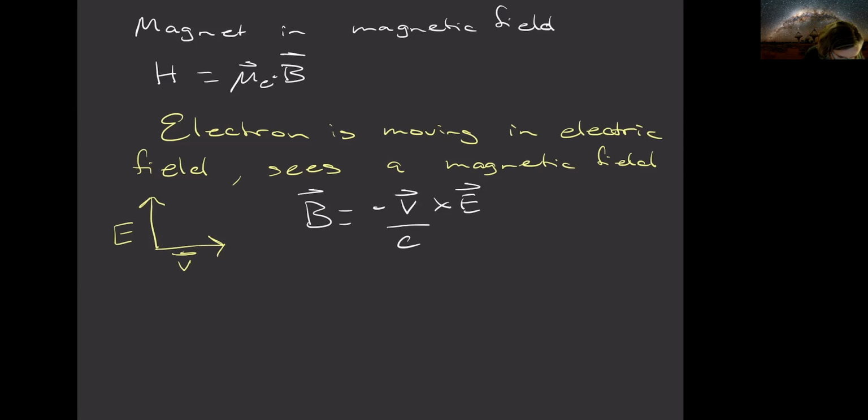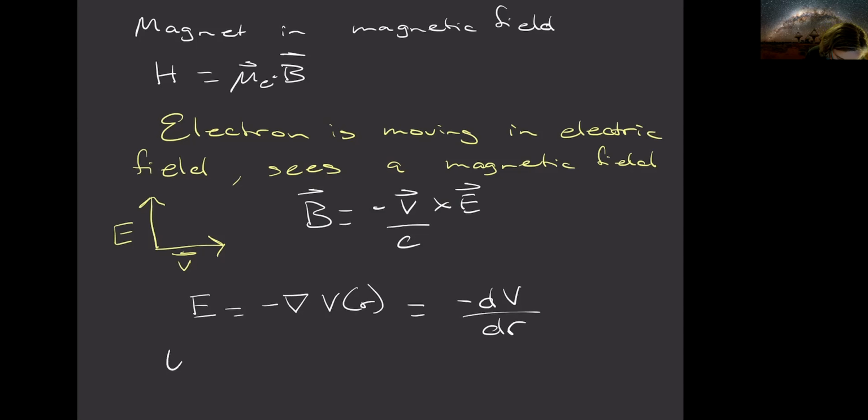Well, remember that the electric field is just the gradient of the potential, which in this case we've defined as just a radial potential.